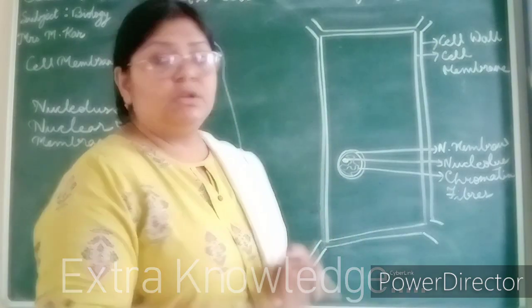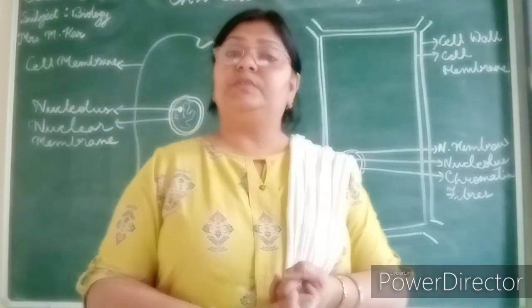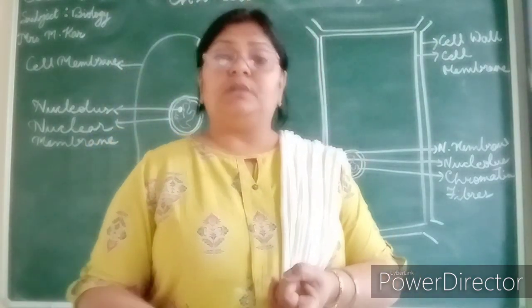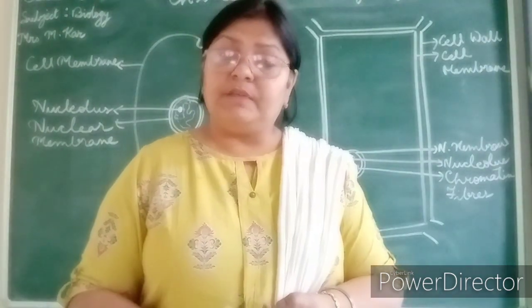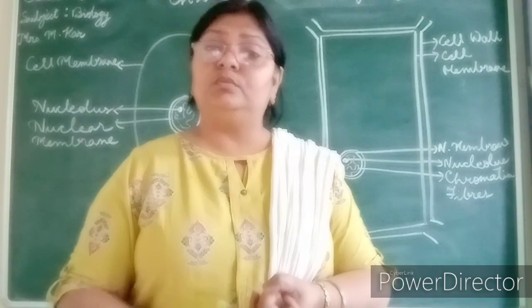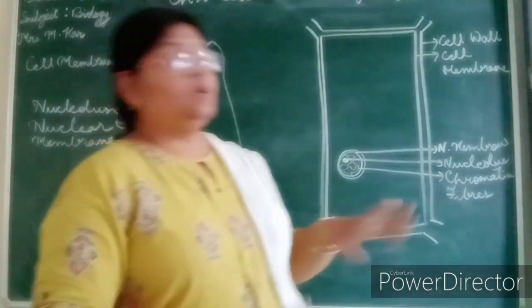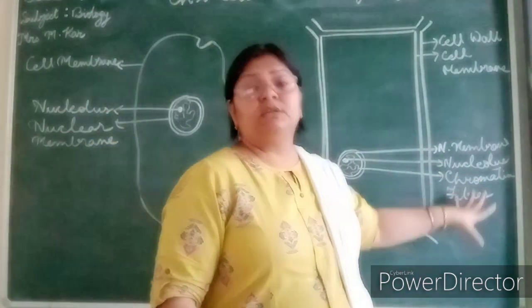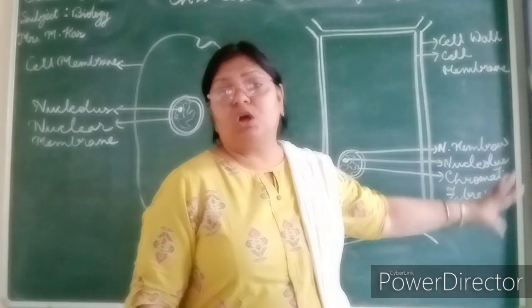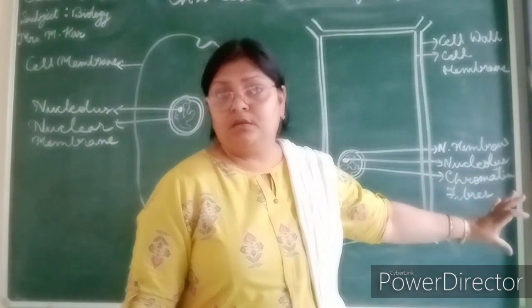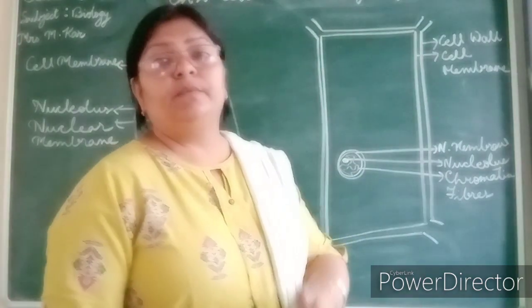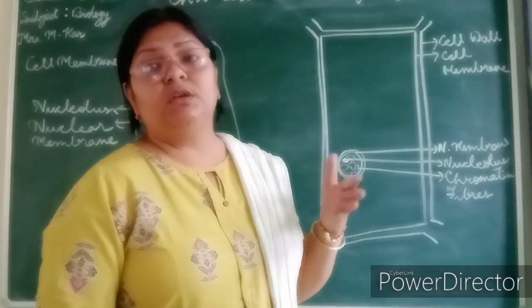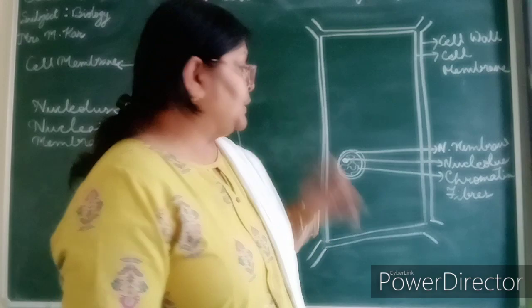Fine. And what is DNA? DNA is a chemical with which genes are made. What are genes? Genes are hereditary units that form chromosomes. What are chromosomes? Chromosomes are formed when the cell divides. The chromatin fibers become short and thick to form chromosomes. They are the carrier of hereditary units called genes.